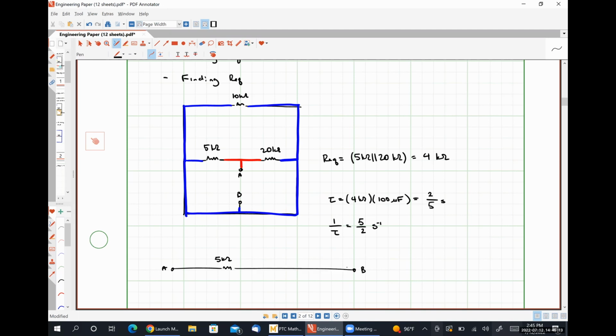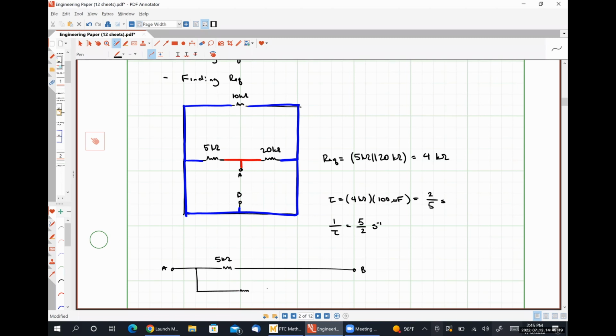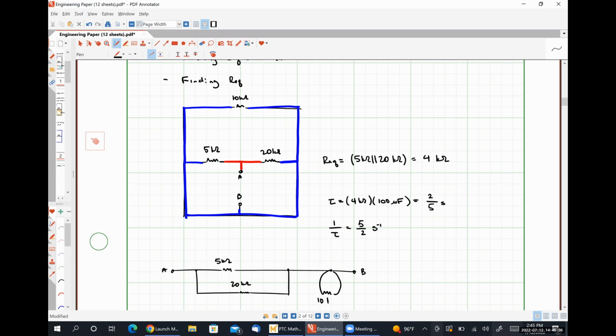Between A and B, we also have our 20 kiloohm resistor. But our 10 kiloohm resistor is connected between B and B. So it's shorted out and does not contribute.